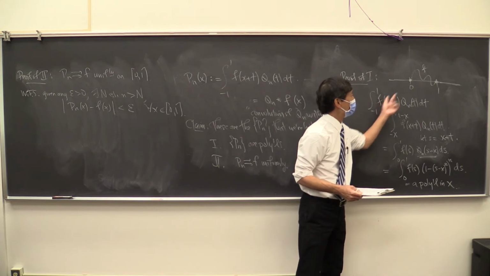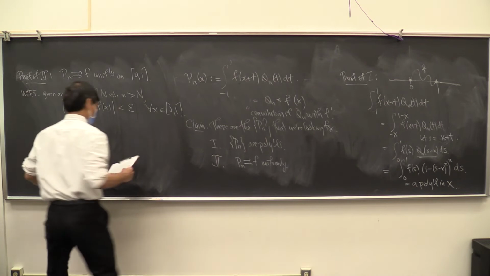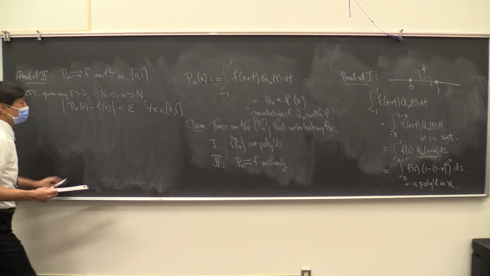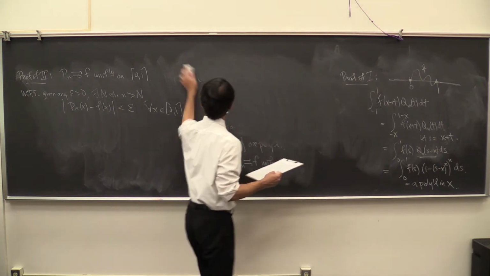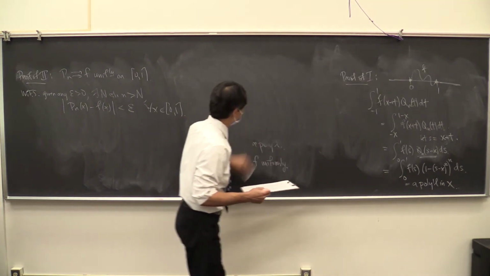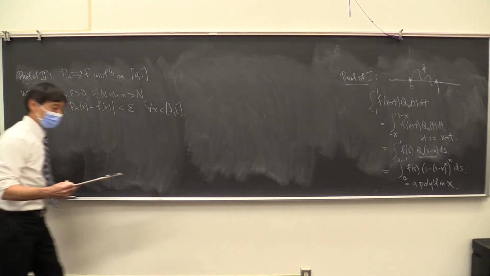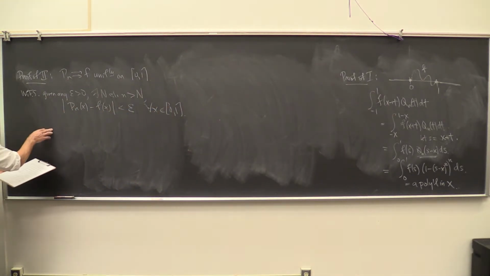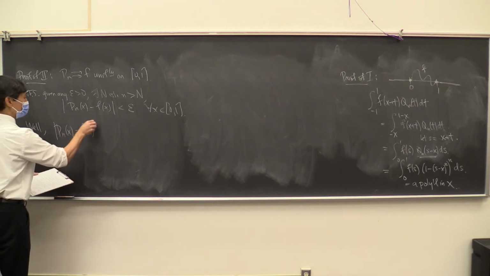Remember again, f is only defined on [0, 1]. Okay, so let's look at it. Let me do some erasing first. So you say, well, let's look at P_n of x minus f of x.